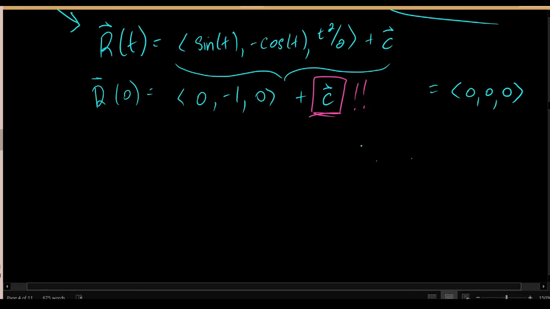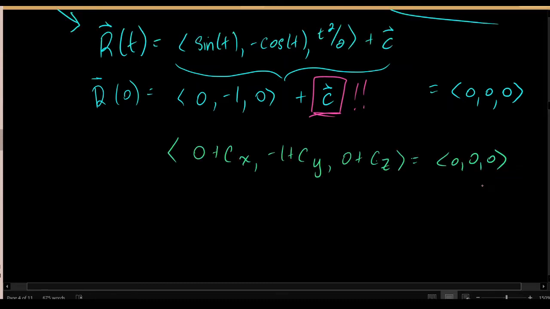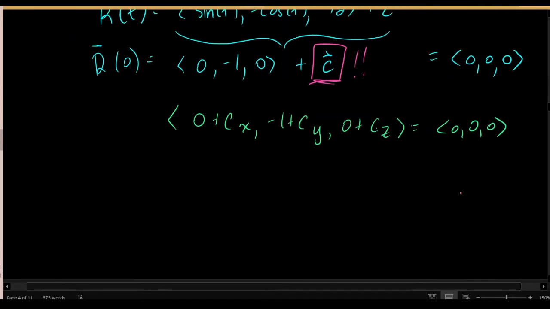The x component is fine, the z component is fine, but in order to get minus 1 up to 0, in order to get the y's to match, I need to make sure that my c_y is positive 1, so that when it combines with negative 1, the result is zeroed out.